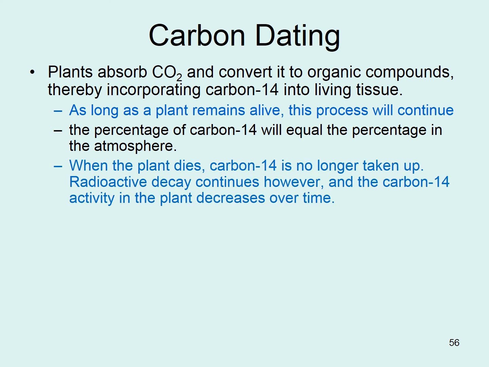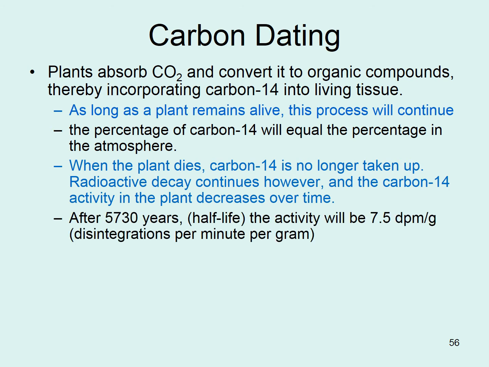However, when the plant dies, the plant no longer takes up new carbon into its body, and so carbon-14 is no longer introduced. Now the carbon-12 and the carbon-13 are not radioactive, so those stay the same, but the amount of carbon-14 starts to decrease over time because it is radioactive and will start to decay.